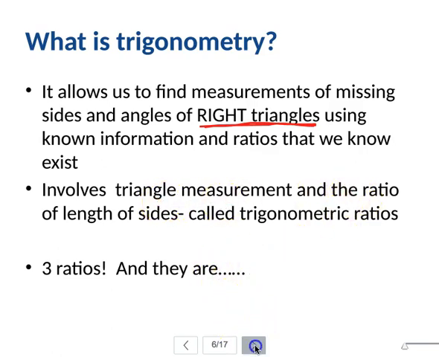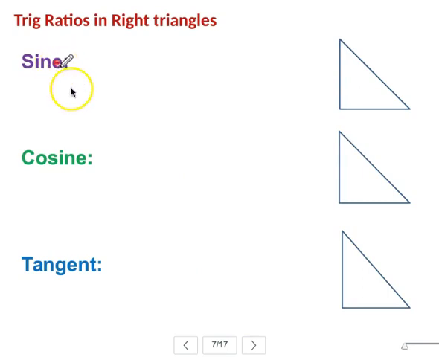So let's take a look at what those three trig ratios are. We've got three trig ratios. They are sine, cosine, and tangent. So sine is the ratio between an angle. We're going to find an angle, and then in reference to that angle, we're going to set up a ratio comparing the opposite side over the hypotenuse.